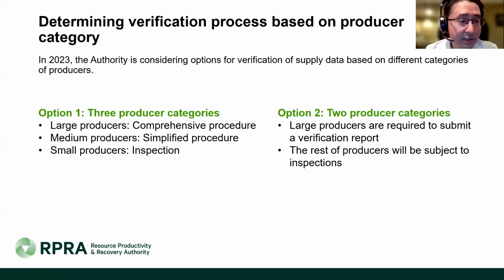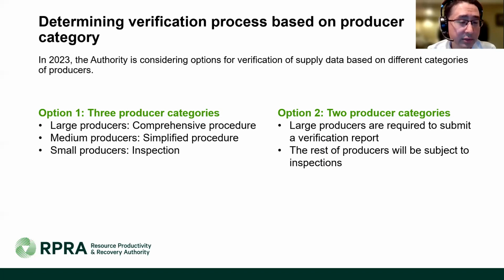So after next year, 2022, the initial verification for all battery and ITTAV producers, the authority is considering verification of supply data based on different categories of producers. So we come up with two options. The first option is to have three producer categories: a large producer category, a medium producer category, and a small producer category.